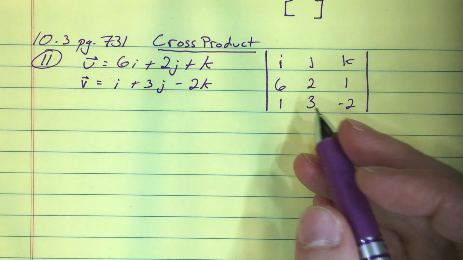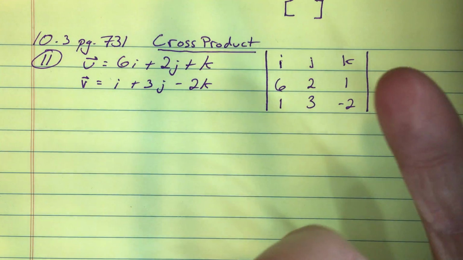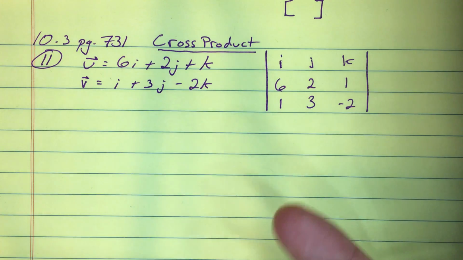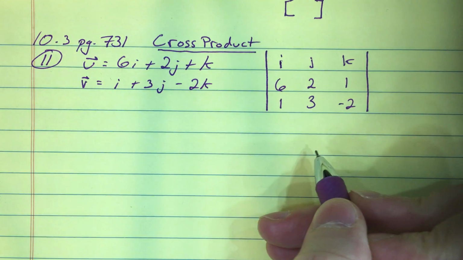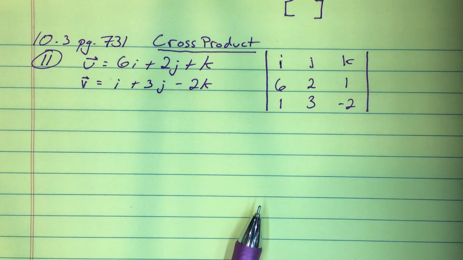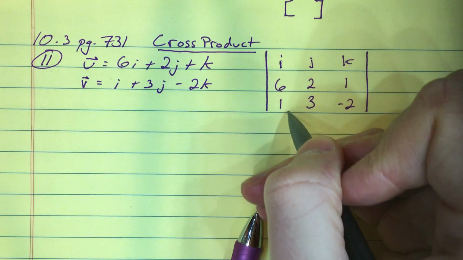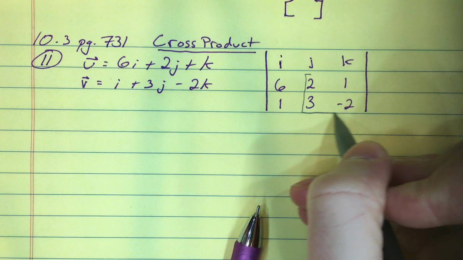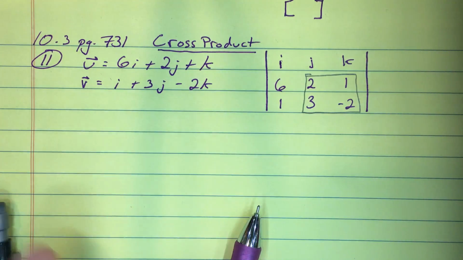We want to find the coefficient on our new vector for i, and that's going to be by taking everything that's not in the i row, so basically this stuff here, and putting those together.